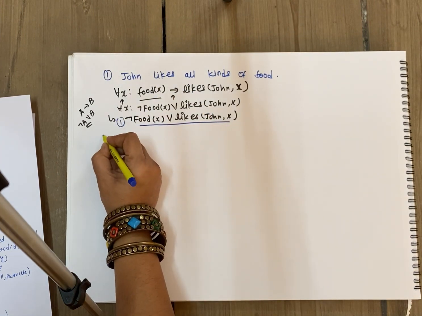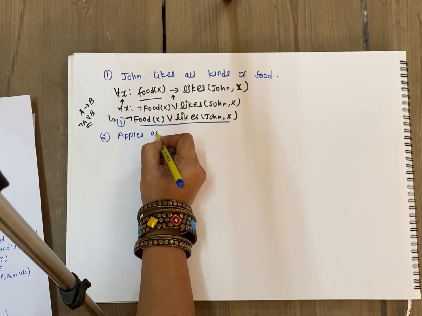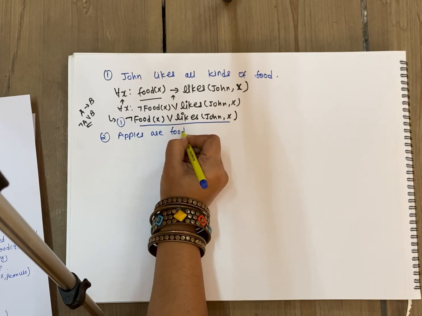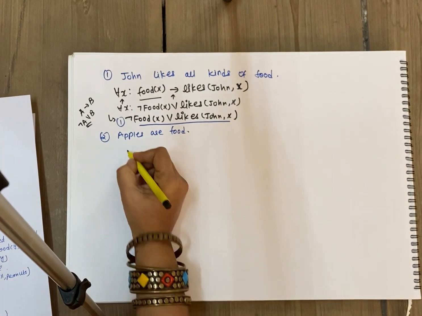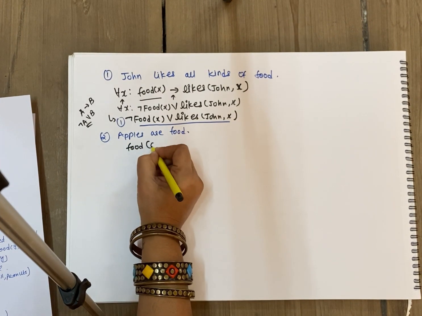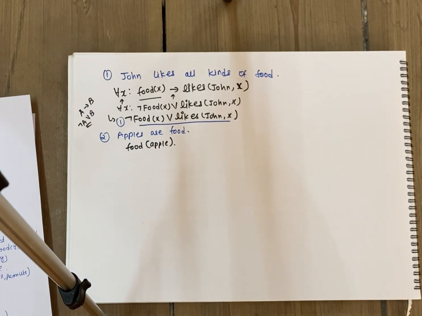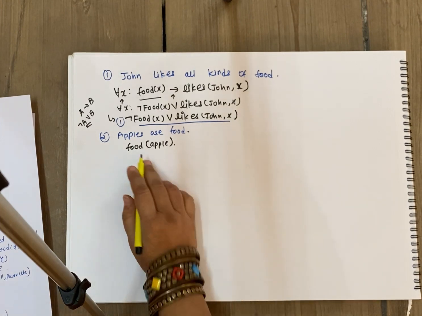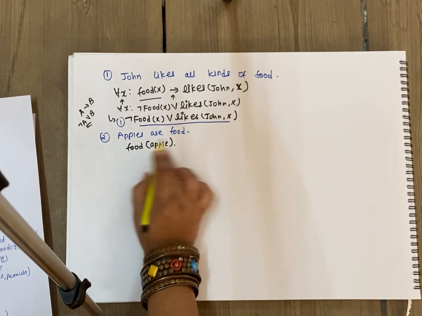Okay, now the second statement we are going to write: apples are food. So the predicate which we are going to write for this is very simple, that says food apple. Now do we need to apply any rule for converting this predicate to a clause form? See, there is no implication available, no quantifiers available, no operators are there.